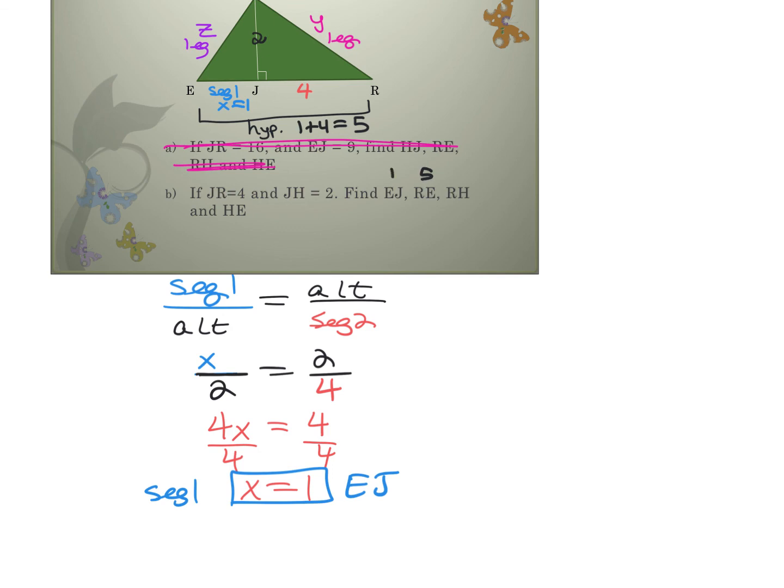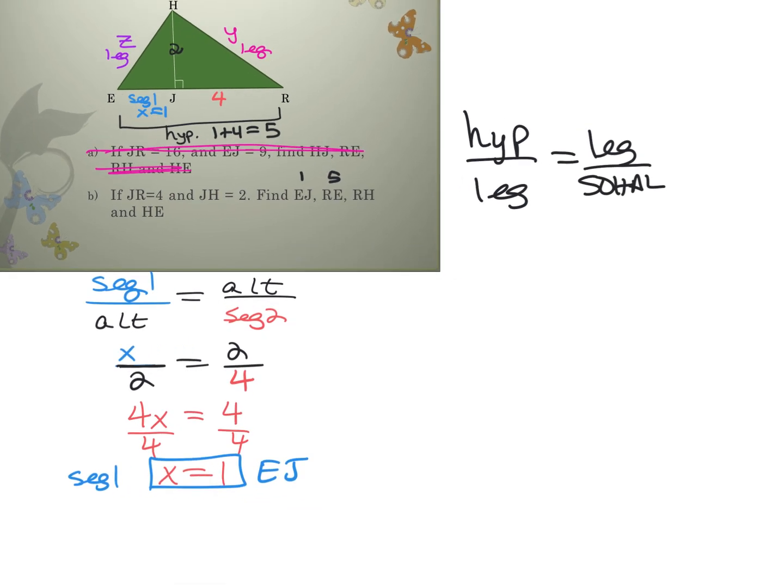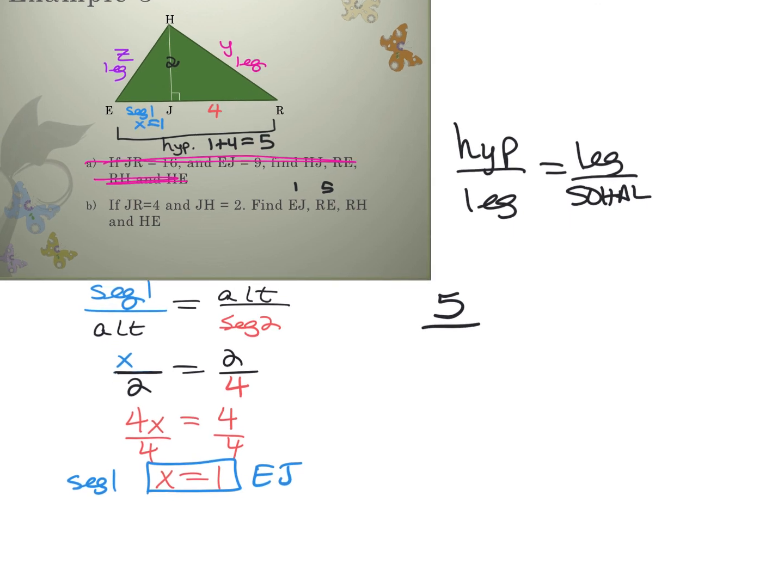So now again, I'm doing the same one, the hypotenuse over leg, leg over the Sohal. I'm going to do it 2 times, 1 for pink, 1 for purple. Hypotenuse I just found, it's 5. I'm going to go ahead and do purple first. Z, Z, and remember, its Sohal is the blue, and we just found it, it's a 1.